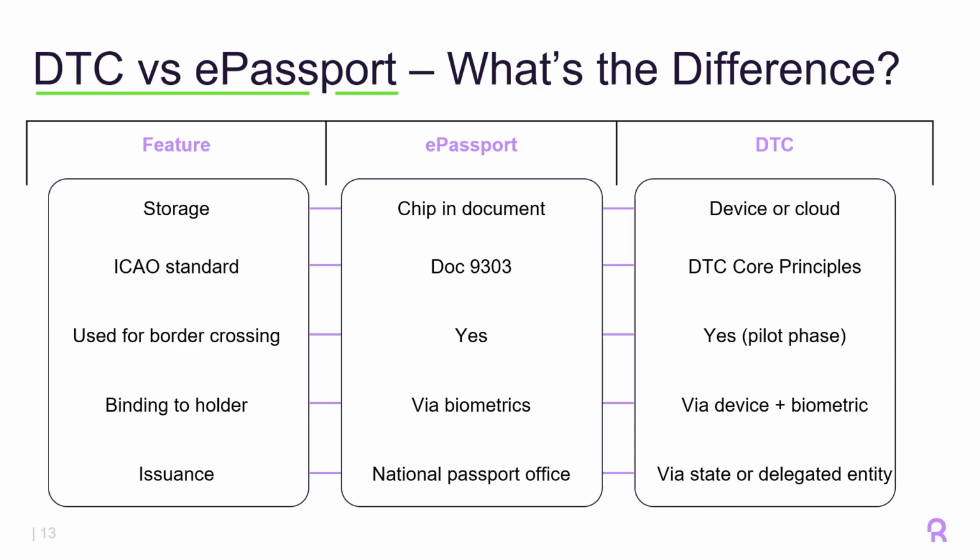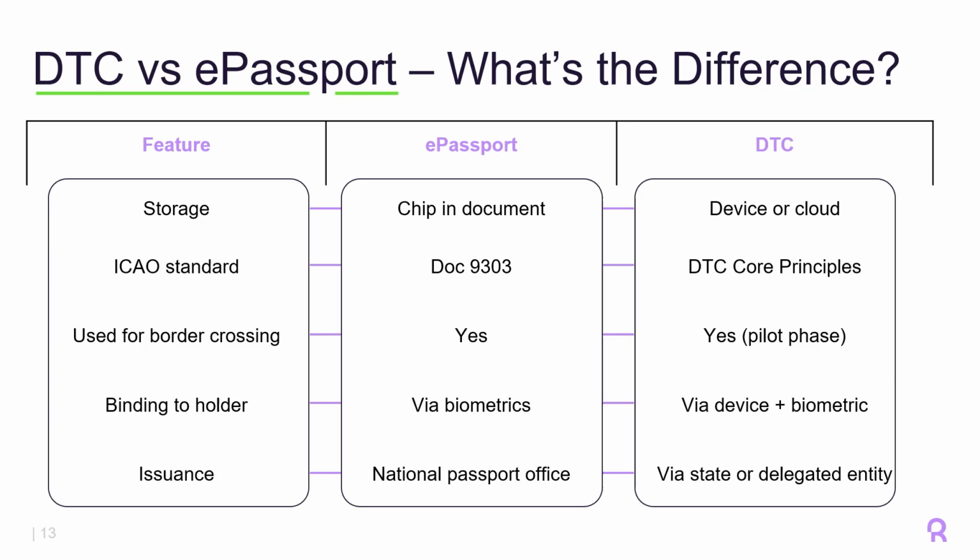When it comes to standard, ePassports follow the long-established ICAO Doc 9303. DTCs, on the other hand, are governed by the newer DTC core principles, which were developed to guide digital equivalents of traditional passports. As for border crossing, ePassports are fully accepted around the world. DTCs are still in the pilot phase and are only being used in limited trials, but they are being actively tested in real-life international scenarios.